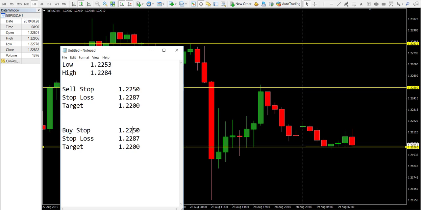I can make this 1.2287, the stop loss 1.2250, and the target in this case would be 50 pips. So 97, 07, 17, 27, and 37. So we would have 1.2337. That would be our target. So that's how simple the strategy is.